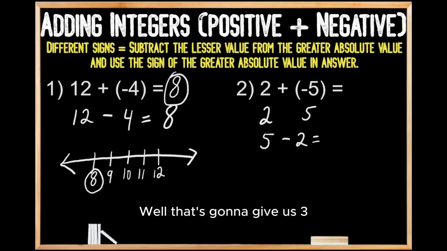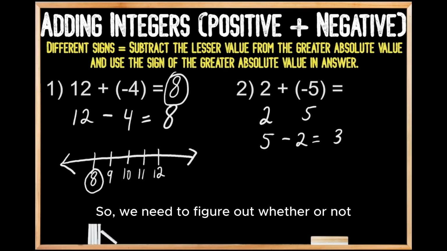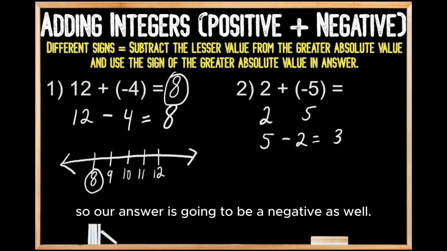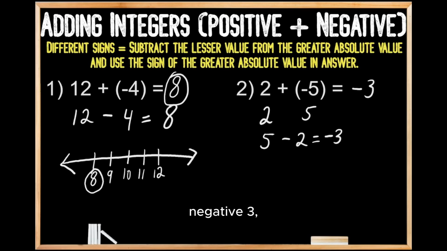Well, that's going to give us 3, and then now all we need to do is figure out the sign of our answer. So we need to figure out whether or not our greatest absolute value was a positive or a negative. Well, the 5 here had the greater absolute value, and that 5 was a negative, so our answer is going to be a negative as well. So when we add 2 plus negative 5, we get the sum of negative 3.